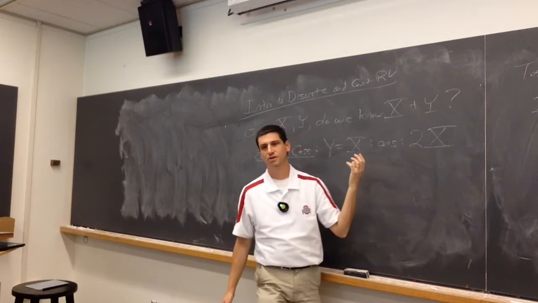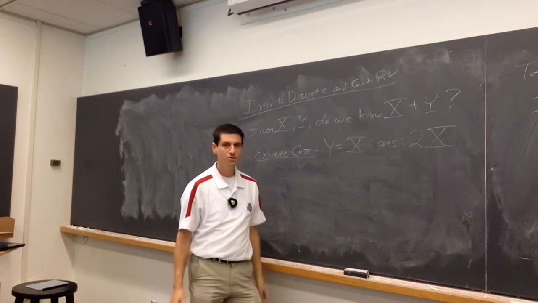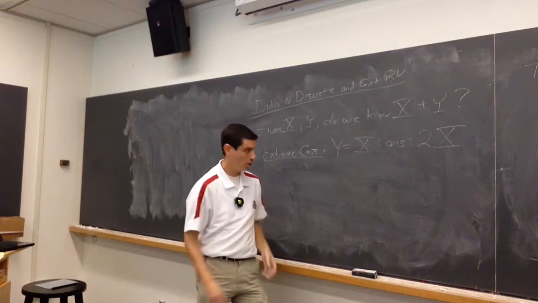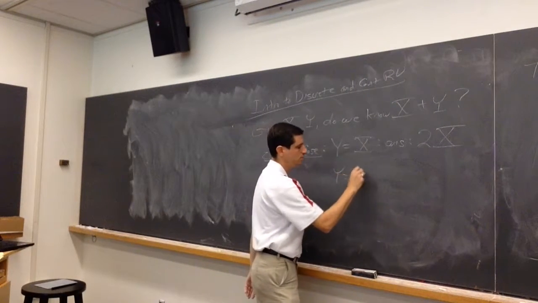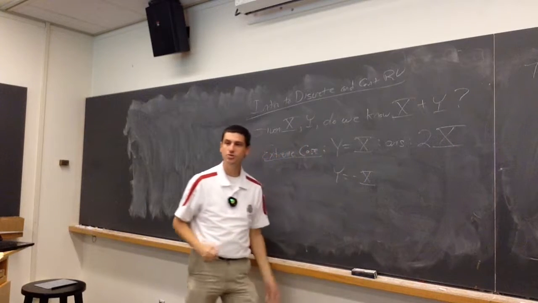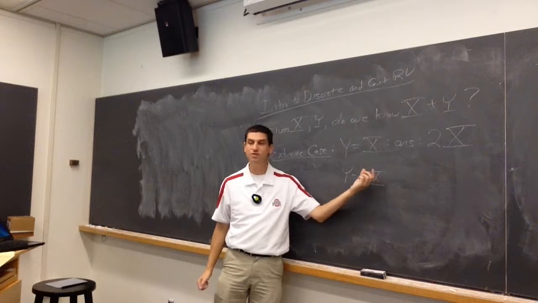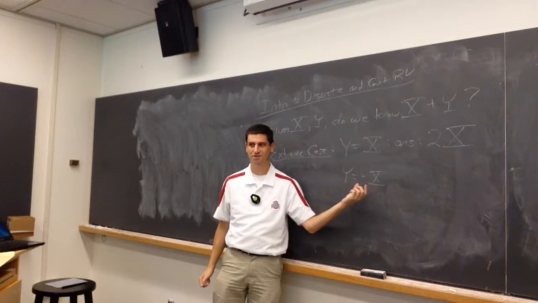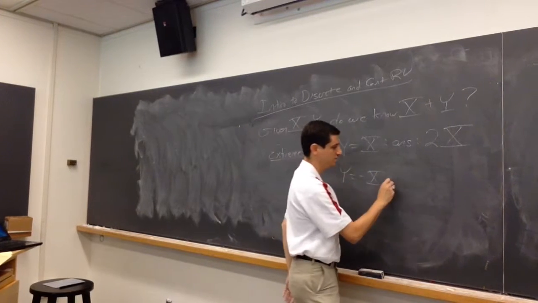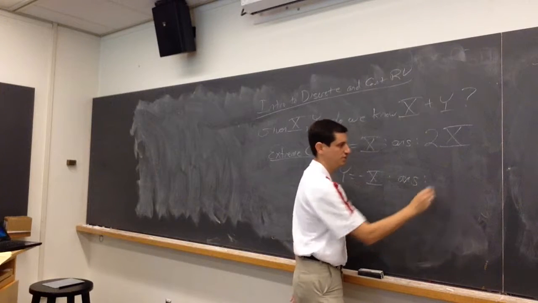Y equals x complement. Well, x is a real number. Y equals negative x. Imagine we have a distribution which is symmetric. If a distribution is symmetric, the distribution of x and negative x are the same. In this case, what would be the answer? 0.